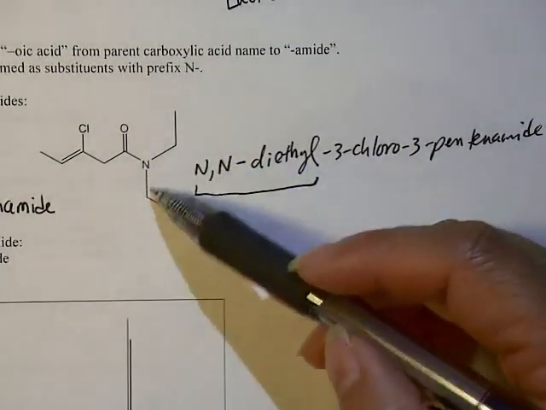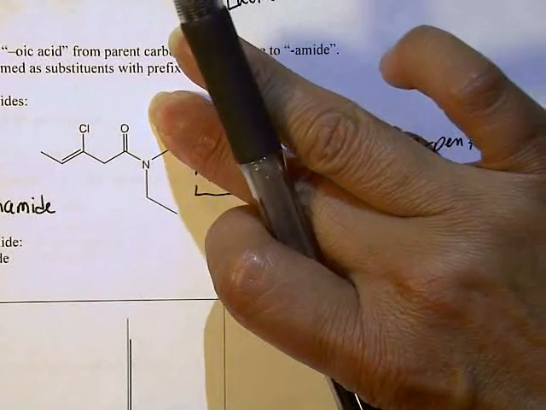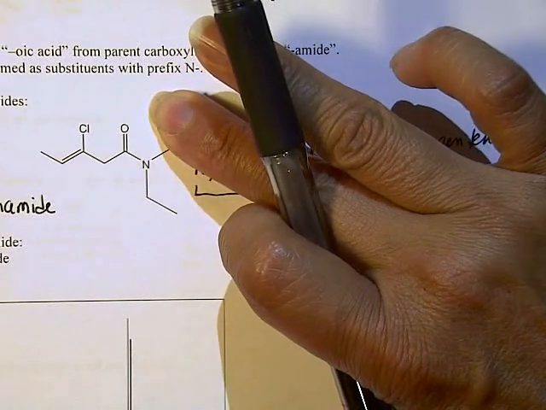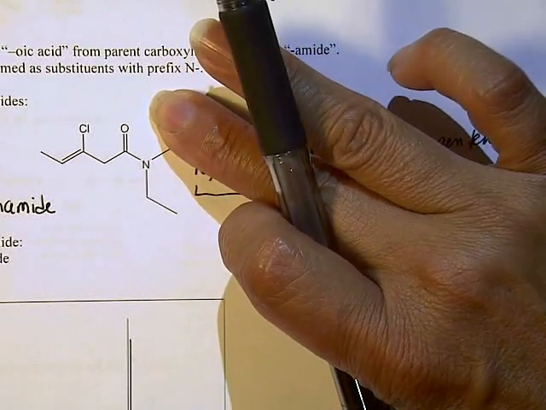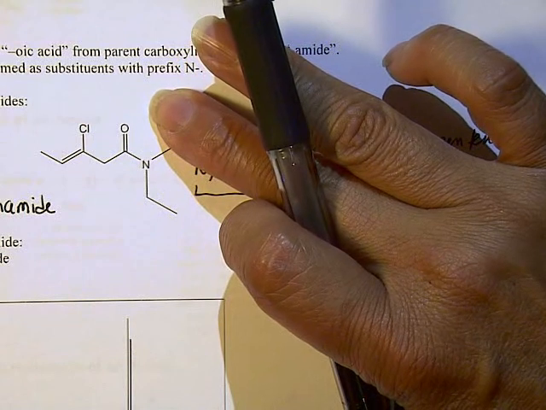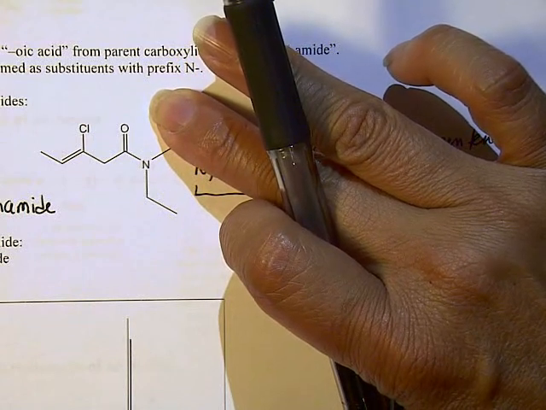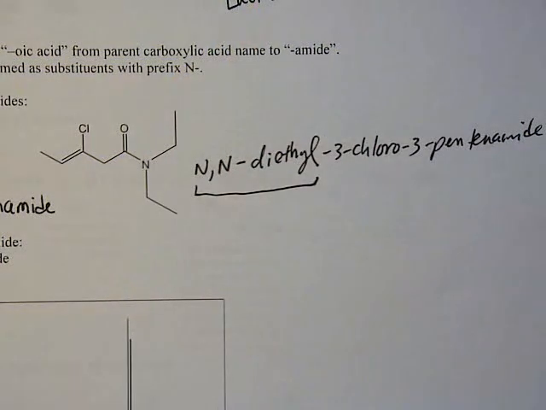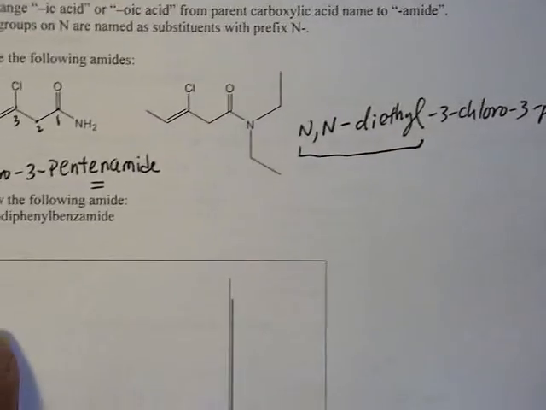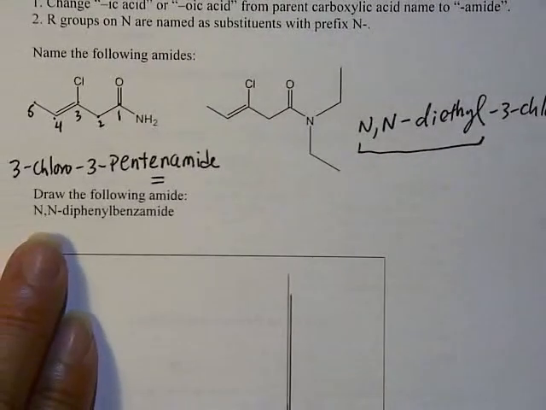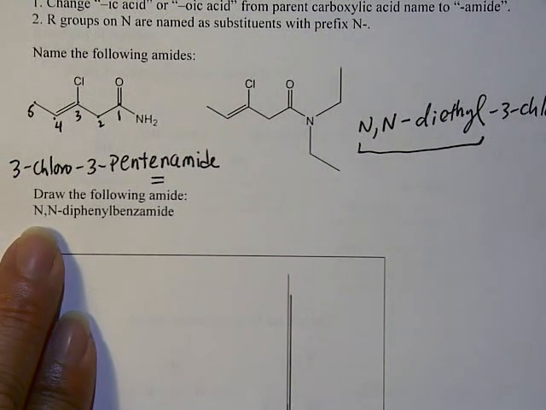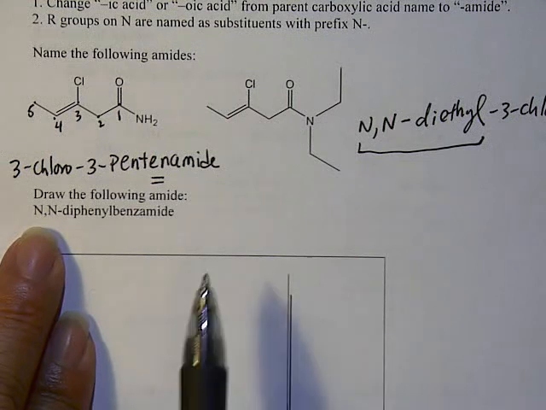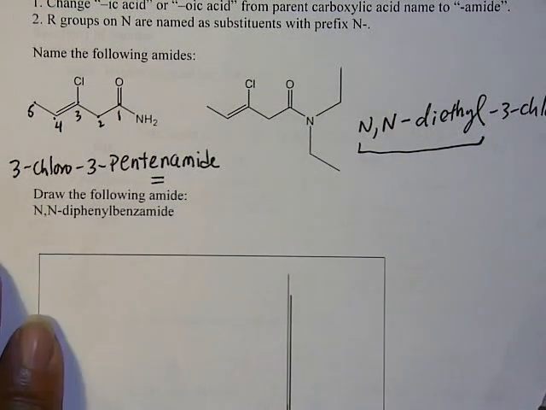All right. So if the R groups are different, let's say one was methyl and one was ethyl, then you would put them in alphabetical order. So it would be N-ethyl, and then dash N-methyl, and then 3-chloro-3-pentenamide. All right. So if you were given a name, N,N-diphenylbenzamide, then you should be able to also draw that.